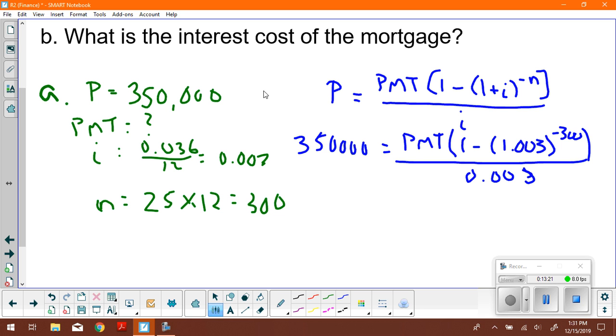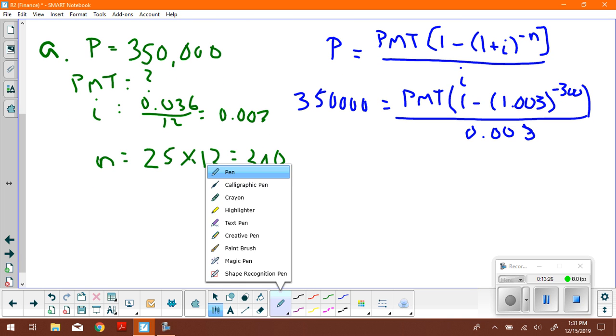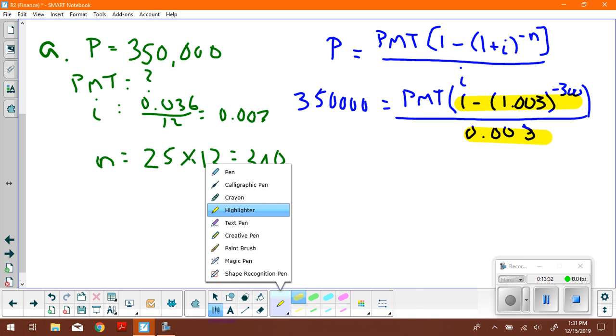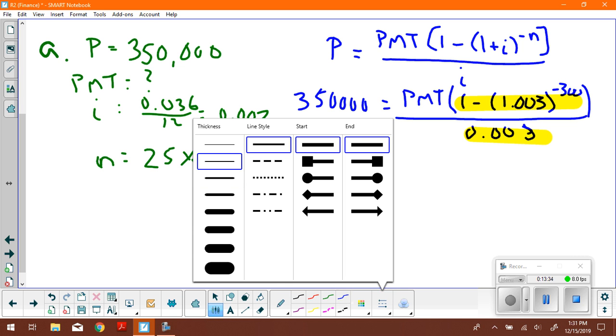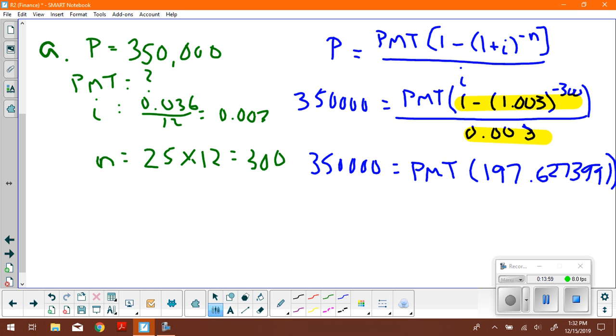Again, as we discussed in class, there's more than one way you can run this through. Personally, what I like to do is run through this part first. So I have payment times something, and then go from there. So I've got $350,000 on this side equals PMT times 197.6273991.